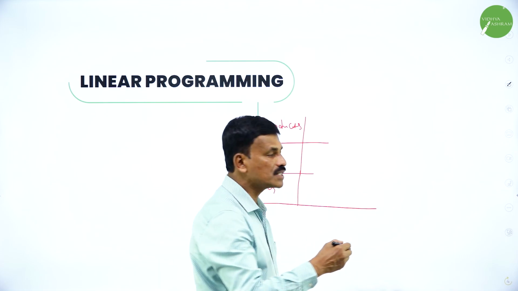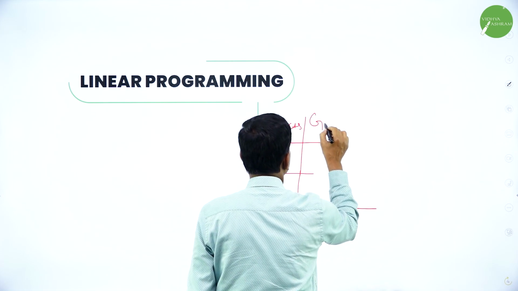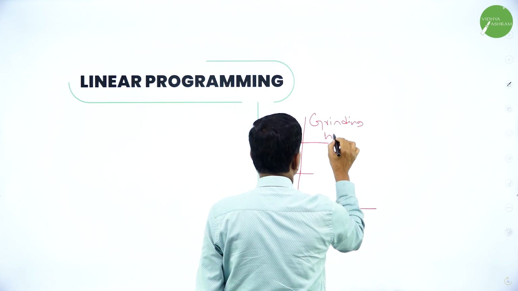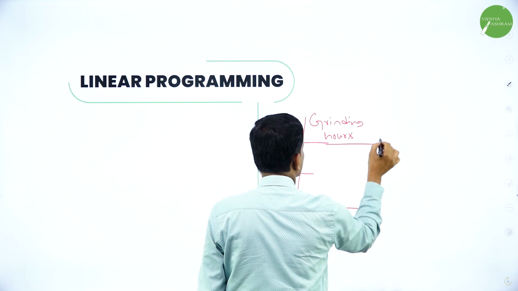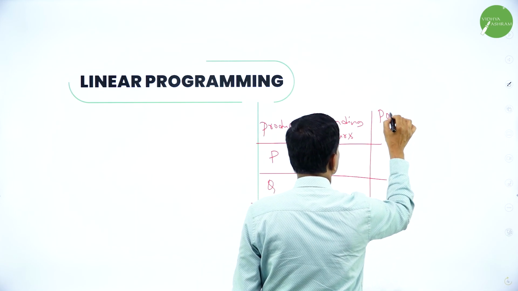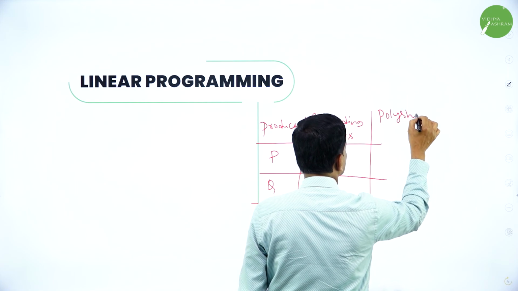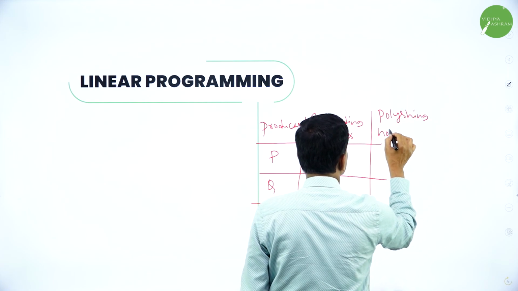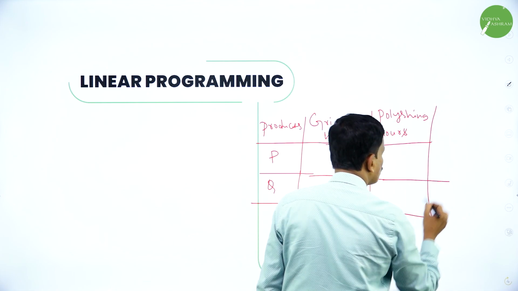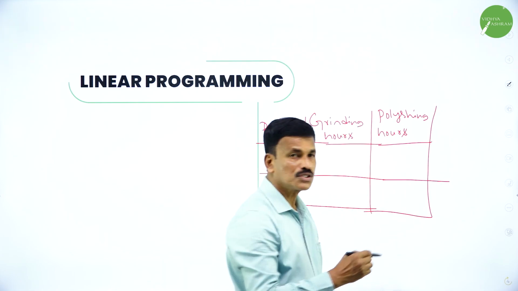Now grinding hours, and similarly polishing hours. And the last one is the profit per unit.